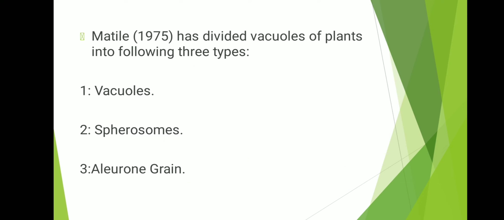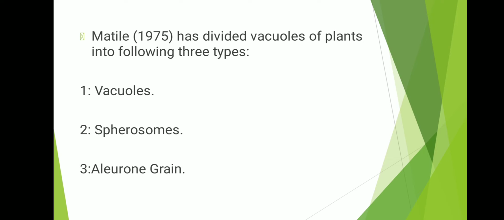Next part. Melite was a scientist working on plant cells in 1975. He observed and divided vacuoles mainly into three categories. First, there are vacuoles which are called vacuoles only because they contain simple acid hydrolase enzymes.